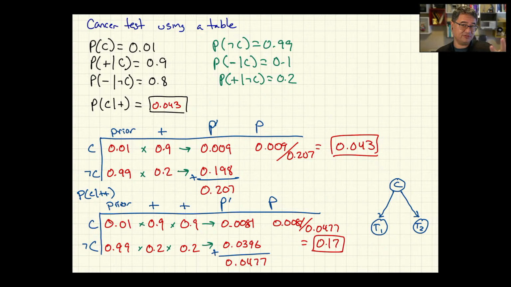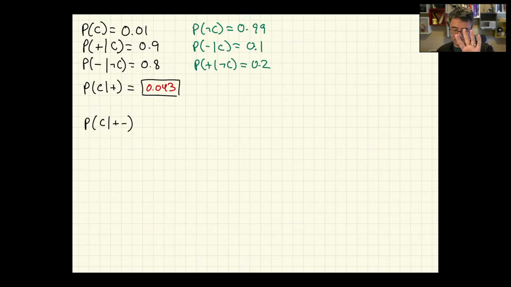Okay, let's say a different scenario occurred. Let's say the first test came back positive. We run the second test, but that one comes back negative. What are the probabilities now? Well, our table lets us calculate that.